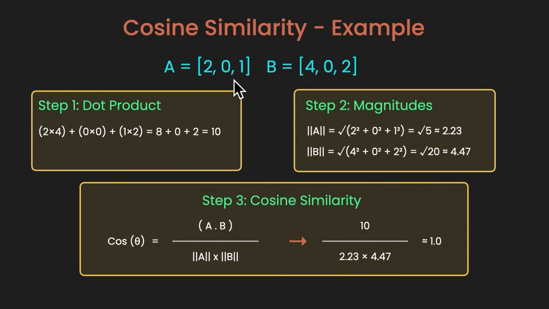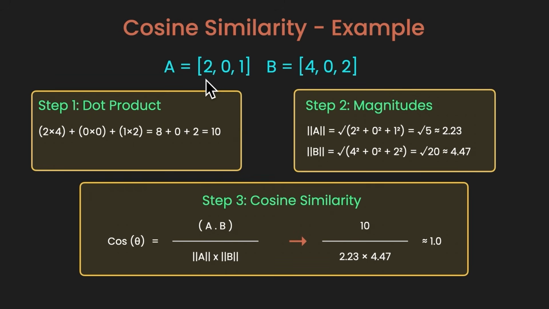So let's take two vectors, vector A and B, and these are basically the features of these two vectors. Vector A represents 2, 0, and 1, and vector B represents 4, 0, and 2. Now, first step, calculate the dot product. The dot product is calculated by multiplying the corresponding elements of the two vectors and then adding them together.